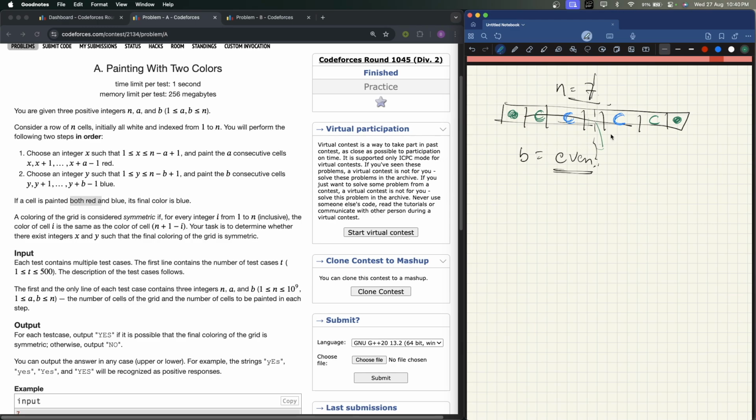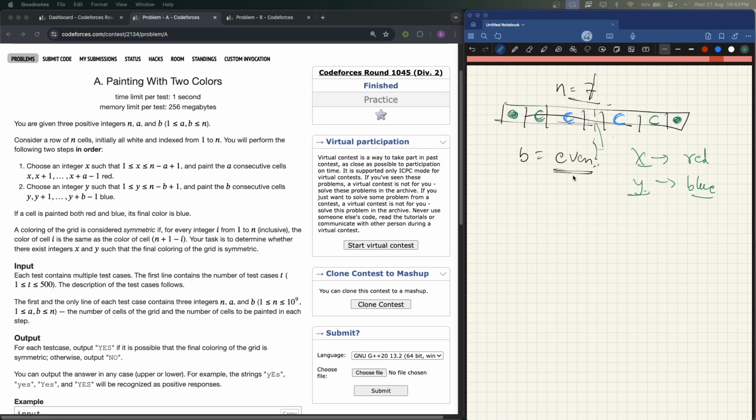So if we try to choose some x and y, x for coloring red and y for coloring blue, now think in this way: the parity of the blue length and the parity of n.